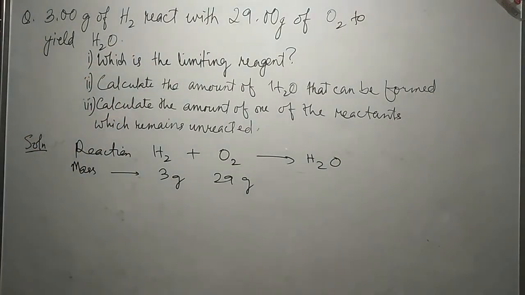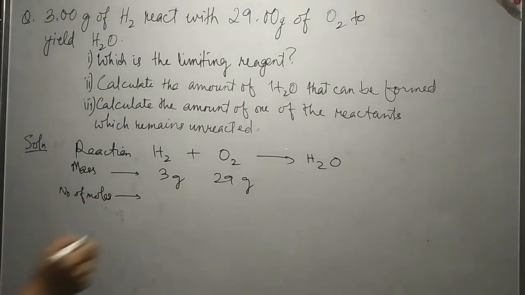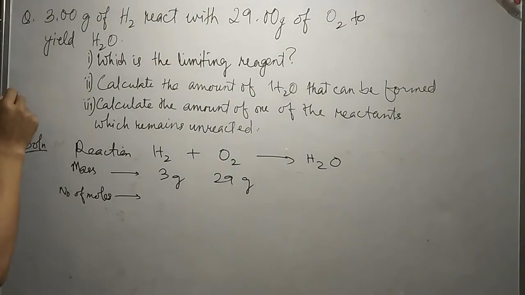Now, to calculate the number of moles for each molecule, number of moles equals the given mass divided by the molar mass.